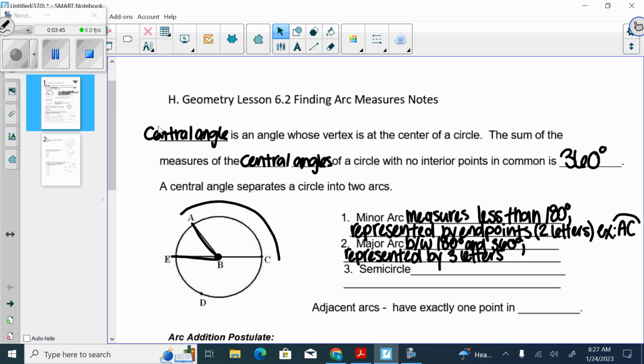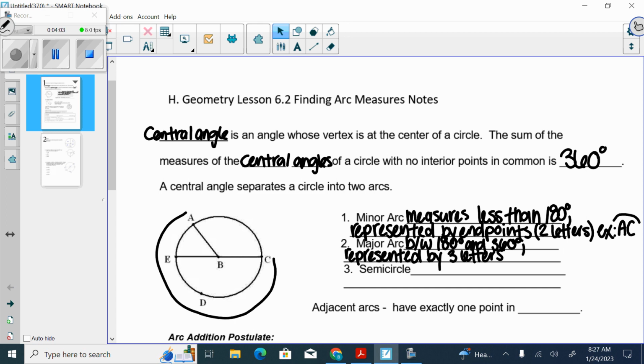Over here in this figure, I'm trying to pick an arc that is greater than 180 degrees, so it needs to go more than halfway around. I could do from A all the way to C the other direction, and that would be between 180 and 360 degrees.